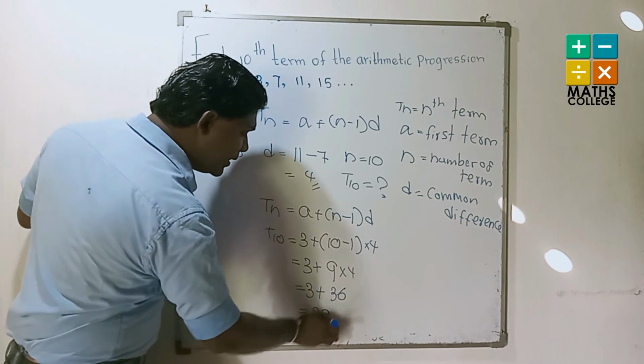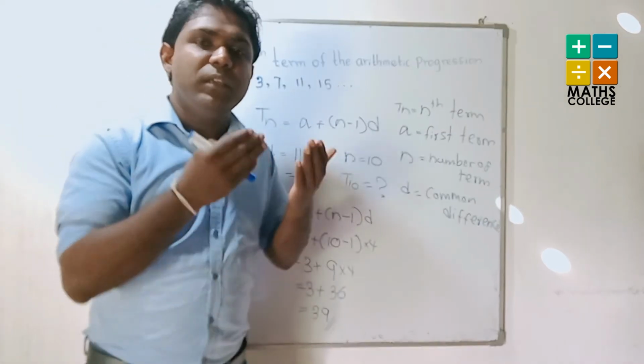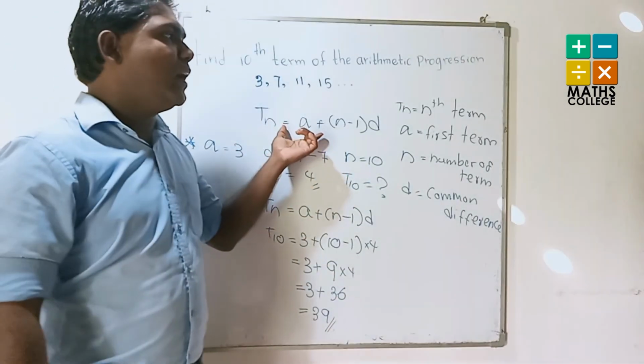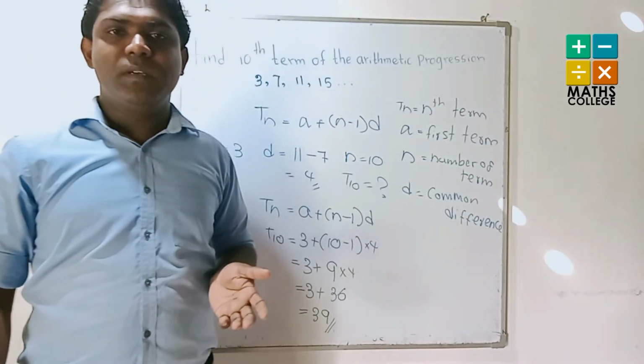Final answer is 39. You can use this formula to solve problems of the arithmetic progression.